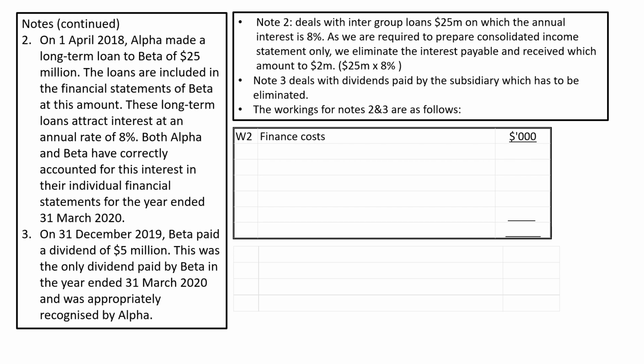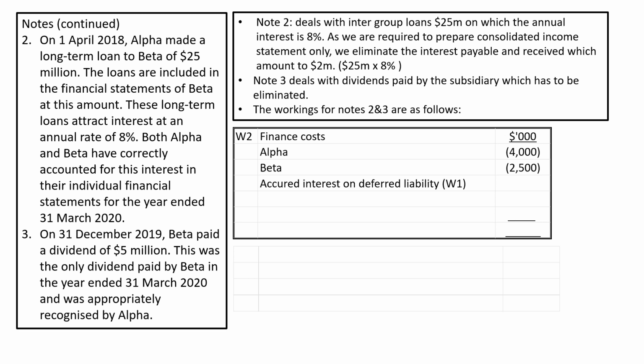Well, the finance cost, we start with Alpha, taken from the information provided, which is 4 million. We add Beta's finance cost, also given to us in the question, of 2.5 million.